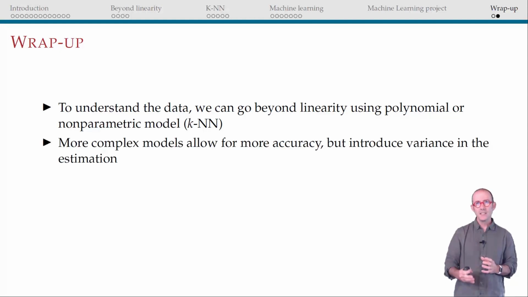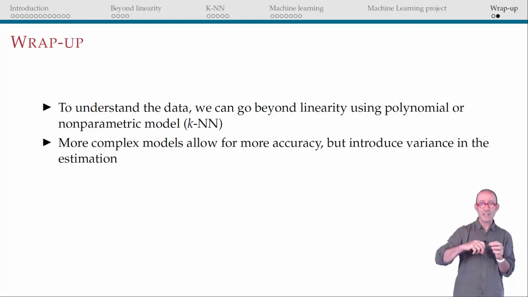We also have seen that once we enter into non-linearity, we enter into the world of more complex models with more accuracy, but that may introduce some variance in the estimation. And we will have this trade-off between a smooth model and a model with more variance.